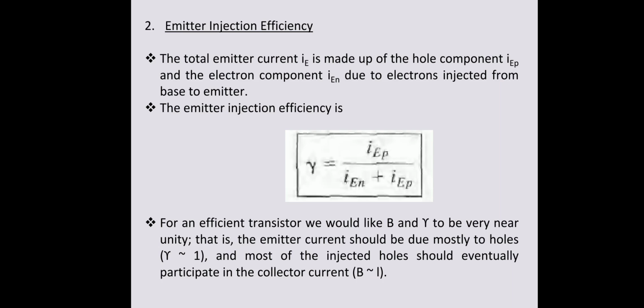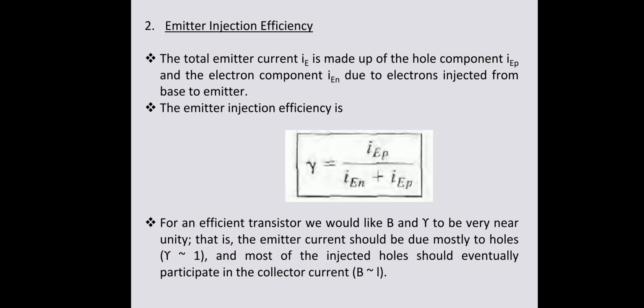So this IEP to IEN plus IEP ratio is called emitter injection efficiency. For an efficient transistor, we already said that the base transport factor should be nearly equal to unity, and similarly this gamma also should be equal to unity. That means IEN should be very small, or IEN plus IEP nearly equal to IEP itself. Then we can make this gamma nearly equal to 1.